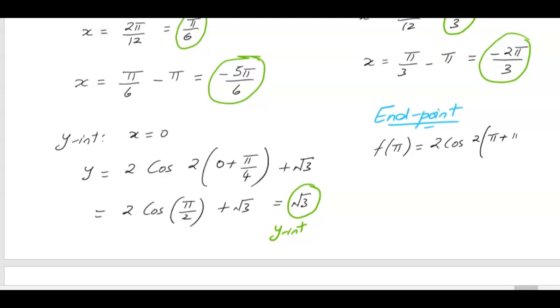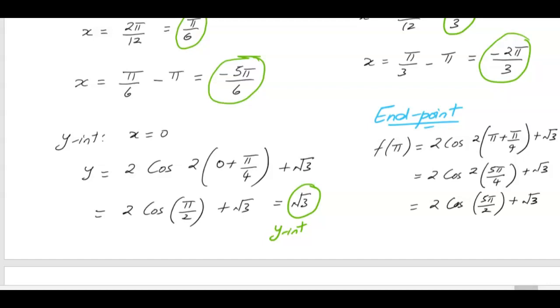2 brackets pi plus pi on 4, plus the square root of 3. Which is going to give us 2 times cos 2 brackets 5 pi on 4 plus the square root of 3, and again 2 times cos 5 pi on 2 plus the square root of 3.